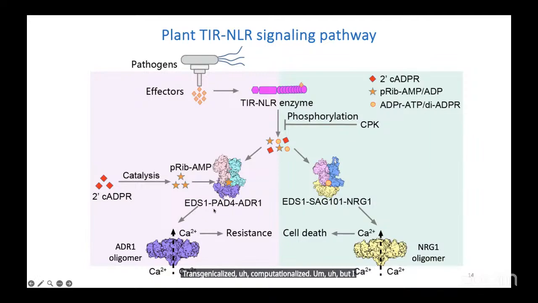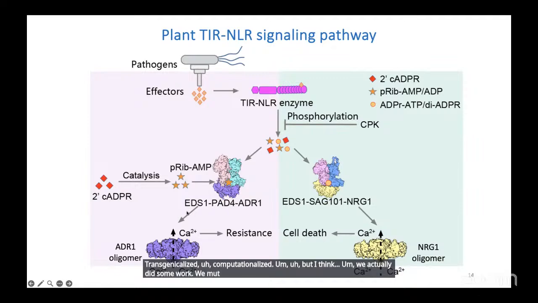But I think we actually did some work. We mutated the lipase-like activity of EDS1 in Nicotiana benthamiana. We complemented the N. benthamiana EDS1 mutant with wild type or the EDS1 lipase-like catalytic dead mutant.